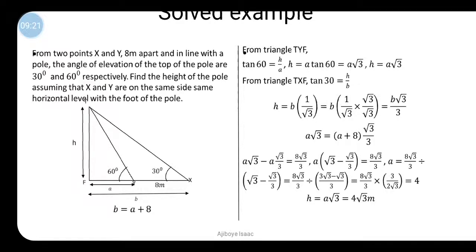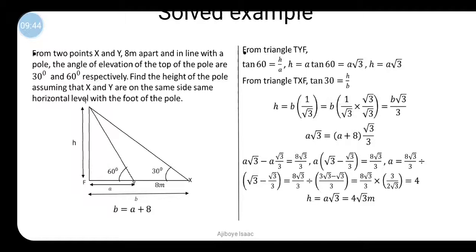From the triangle TXF also, tan 30 degrees is also equal to h over b. All right, so if we cross multiply, our h will therefore be equal to b open bracket 1 over root 3. That is tan 30 degrees. I told you to make a note of that summary of the special acute angles that I did for you in a previous class.